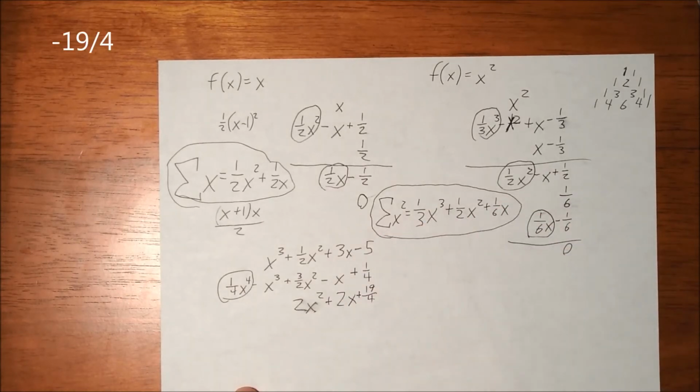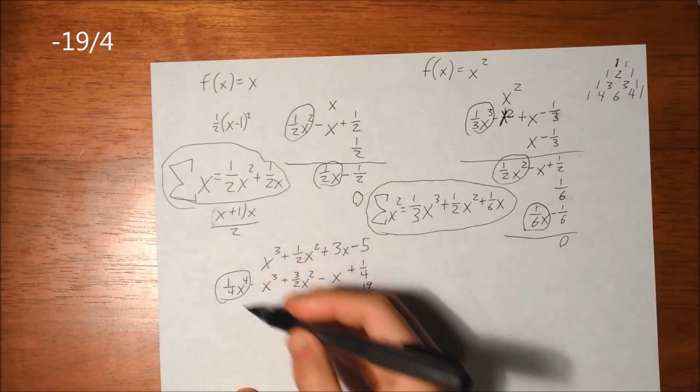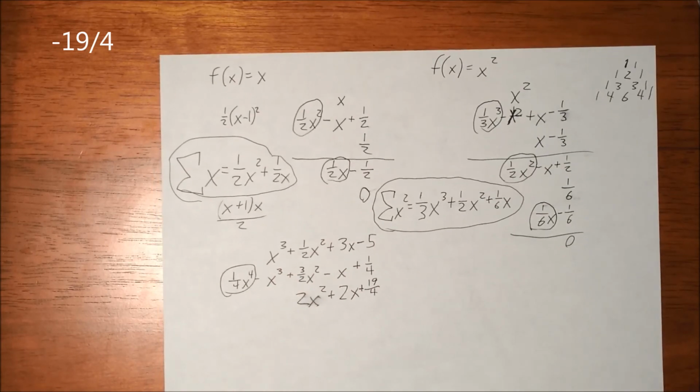And you just keep going down until you get to 0, and all the circled values added together will be the indefinite summation.